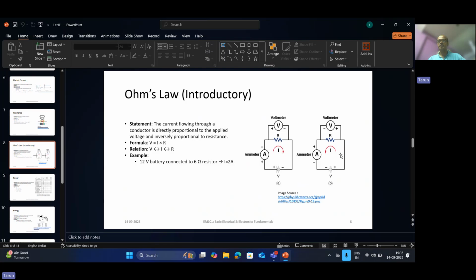That is why the direction of current changes, and it is in the anti-clockwise direction. Here also the ammeter is connected in series and the voltmeter is connected in parallel to measure the current and voltage of the circuit.